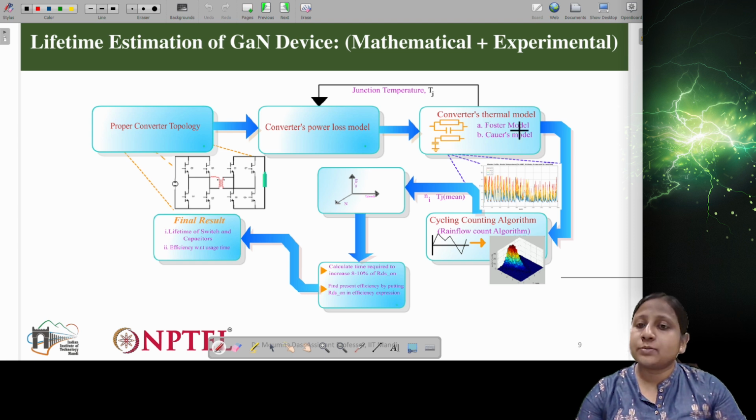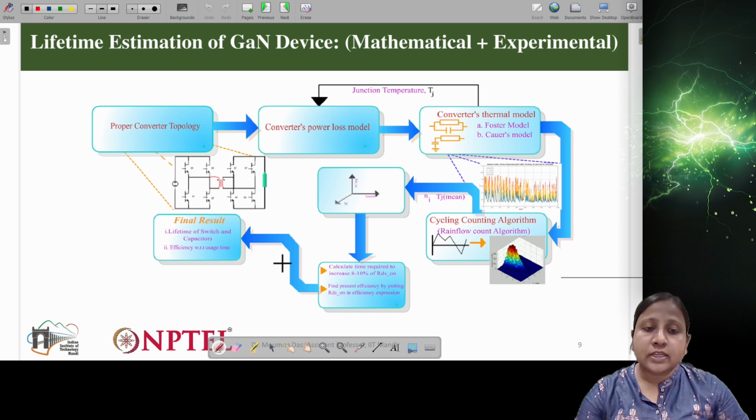So anyway, this Foster and Cauer model I have already discussed with you long back. So there you can refer to that, and then by using the rainflow counting algorithm, we can count how many cycles we get. So this can be given here as TJ mean. So now calculating the time required to increase RDS on by 8 to 10%, and find the present efficiency by putting the RDS on in the efficiency.